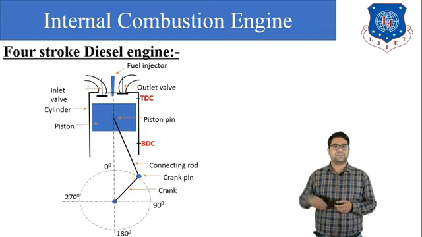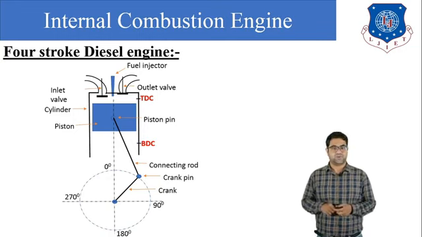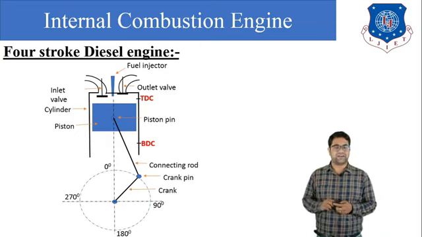In the petrol engine, on the head we provide one spark plug, but here you can see from the figure, we have not provided the spark plug. Instead of the spark plug, we are using a fuel injector. What the function of the fuel injector is, we have already discussed in lecture number 1. That is, the fuel injector is used to atomize the fuel particles, or the diesel particles.